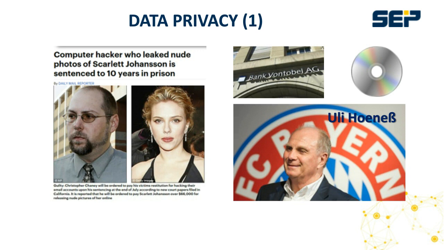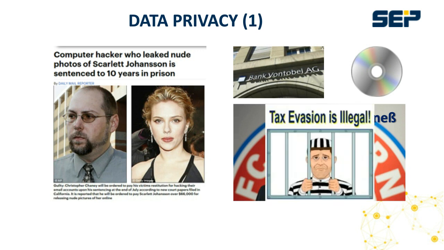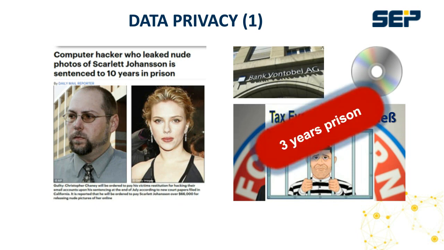The second one is the manager of the famous soccer club FC Bayern Munich, in Germany. The manager of this football club or soccer club was in prison for 3 years because of his private tax data. Therefore, you see, data privacy is a really important topic.